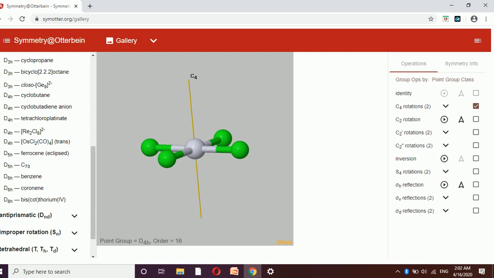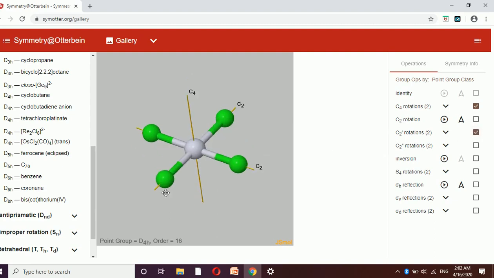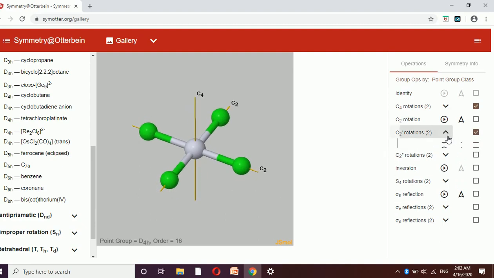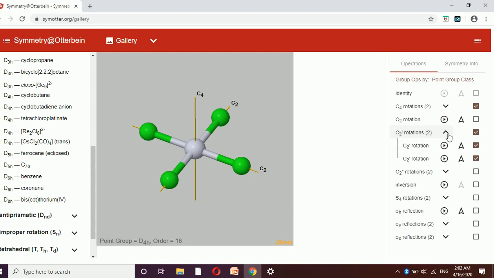And you can also have a C2 axis like this. If you want a demonstration, like this, the molecule is rotated through this C2 axis, which is passing through the platinum and two chlorine atoms.